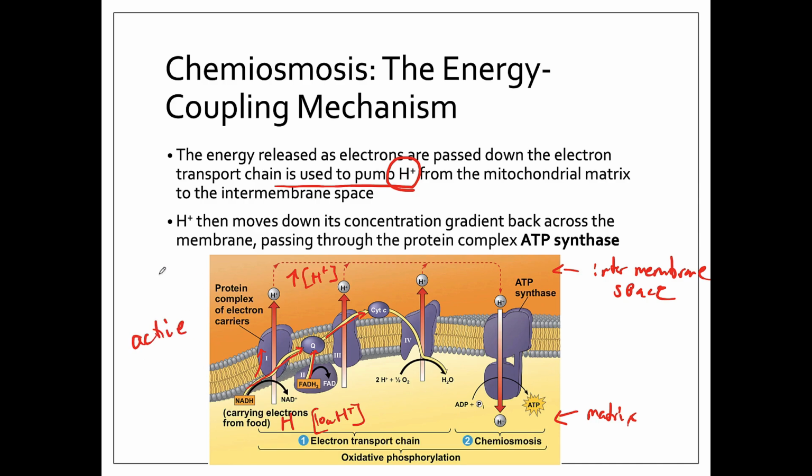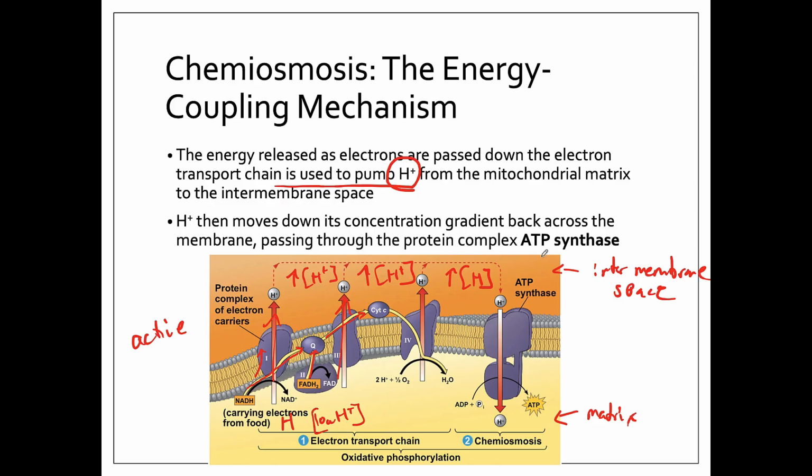That's what the energy is being used to do. So every time an electron moves, free energy is released, and that free energy is going to pump hydrogens across this membrane to increase the concentration of hydrogen ions in this intermembrane space.